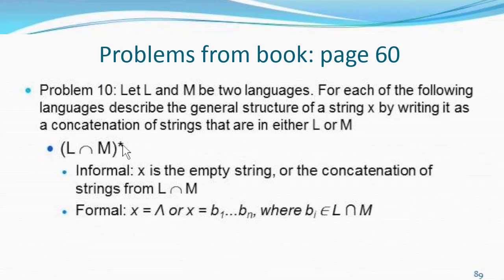Regardless, when we take the star of anything, we know that lambda is in there. And if there are any elements in the intersection of L and M, then X takes the form of a bunch of strings concatenated together where each of those strings is an element of that intersection.